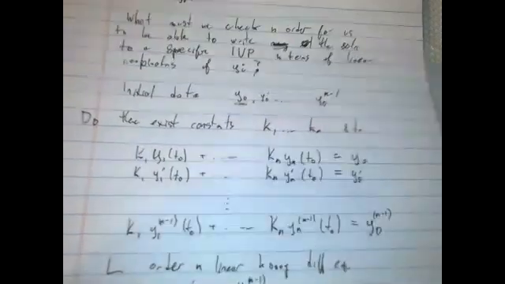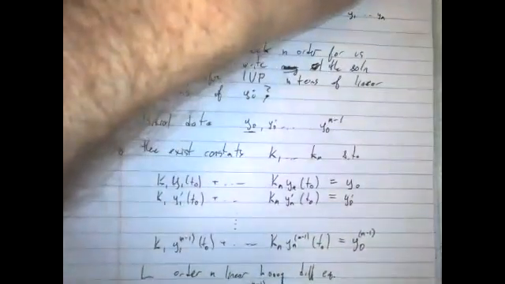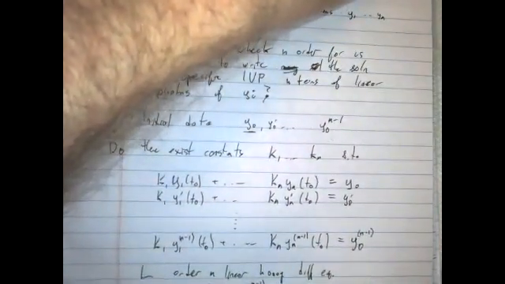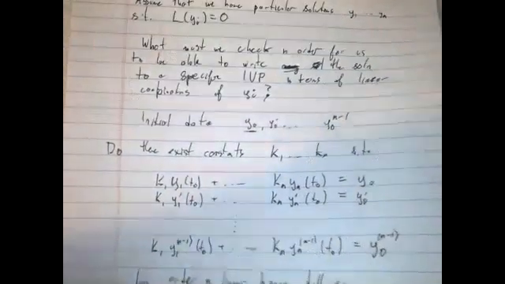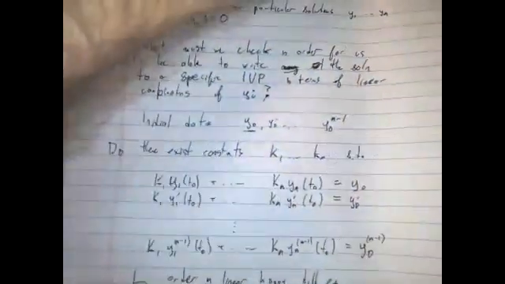And now this immediately brings us to the notion of a Wronskian, which is essentially a form of checking linear independence for this set of functions, y1 through yn.